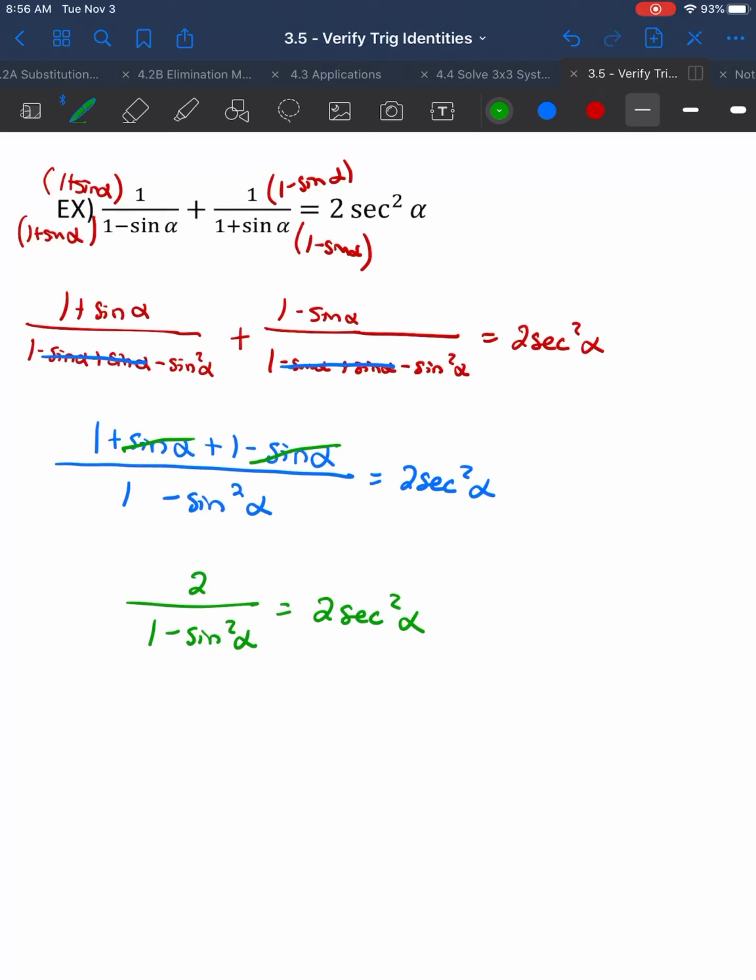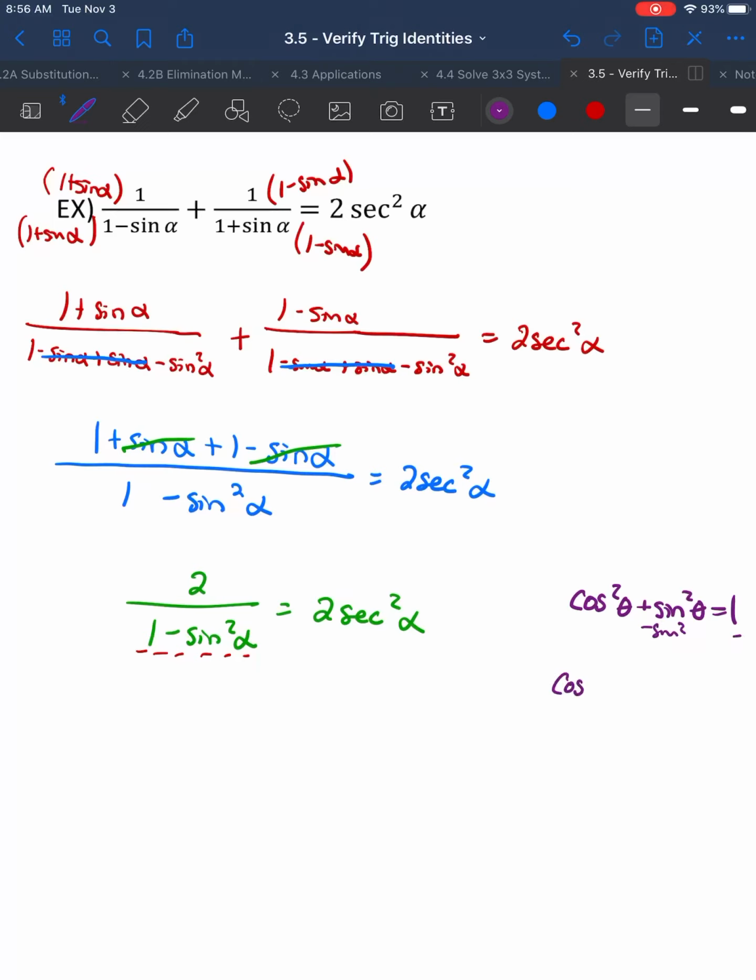All right, well, I at least got rid of the 2 separate fractions, but now, 1 minus sine squared alpha. I have an identity that says cosine squared plus sine squared equals 1.